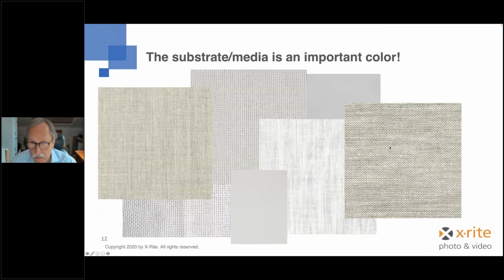Now, especially when we start to think about textiles, the substrate is a very important color. It's an important color whether you're working with textiles or papers or vinyls or other types of media. But if you're working with substrates, you've got some other things you need to think about.